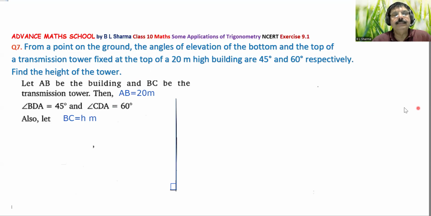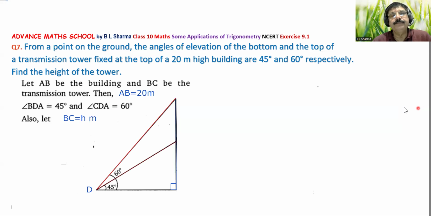Say this is a building plus tower, and there is a point D. The angles of elevation of the top of the transmission tower and the top of the building are 45 degrees and 60 degrees, as shown in the figure.